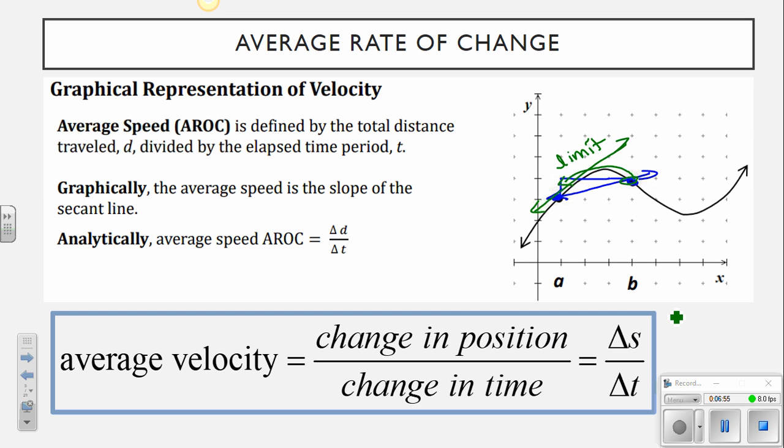You'll see a lot of textbooks use the variable s for distance. You could also just write it as change in d over change in t. So they're kind of synonymous, kind of like when we call the derivative y prime, f prime of x, dy dx, d dx of the function, all being the same thing. Same idea here for distance, right?